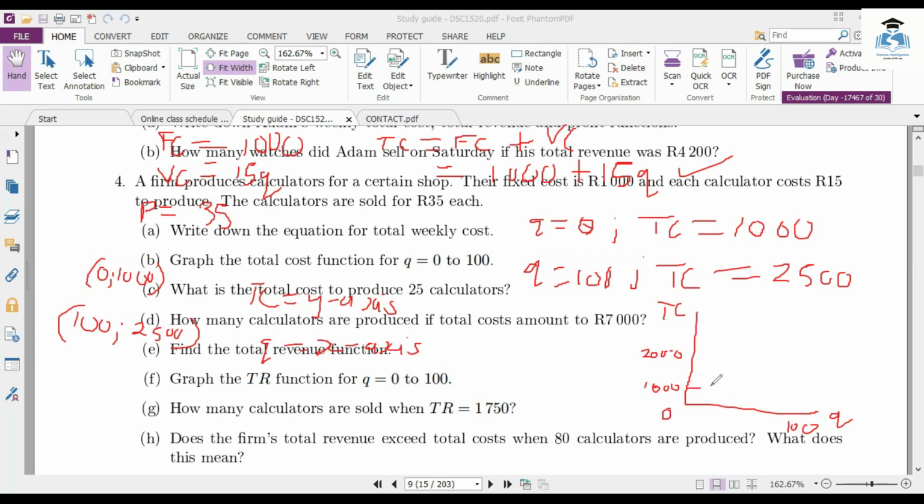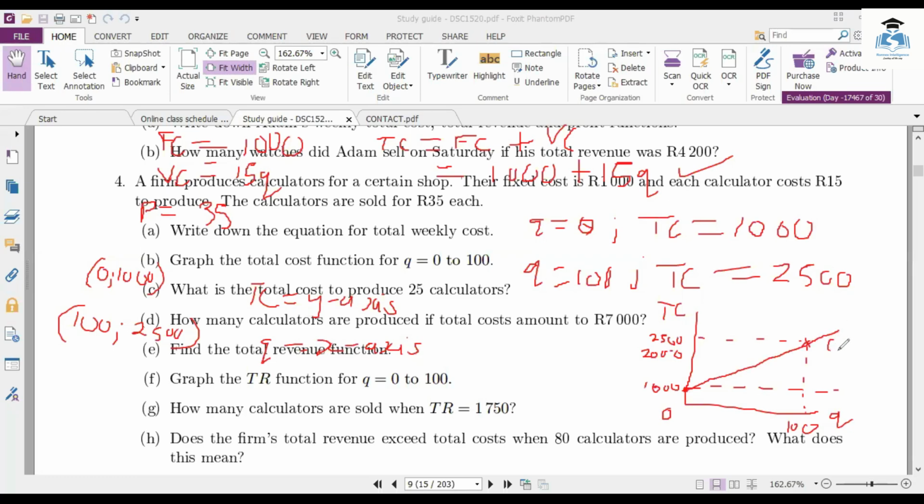So this is your fixed cost. Then let's say 2,500 is somewhere here. If our Q is equal to 0, then TC is equal to 1,000. So that's here. Then we see where they intersect, and we plot our point here. Then we draw our straight line like this.